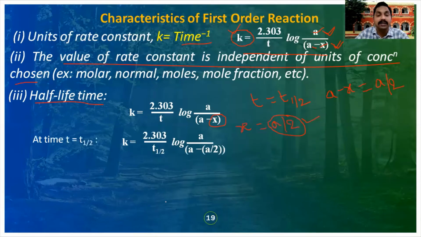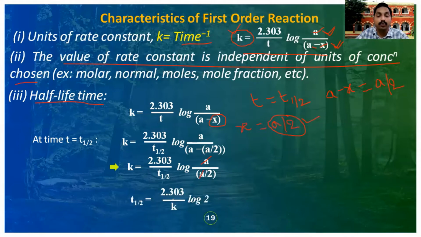Thus, K is equal to 2.303 by t half log a by a minus a by 2. So a minus a by 2 is equal to a by 2. That implies K is equal to 2.303 by t half log a by a by 2. Now a and a cancel. This 2 will go to the numerator. Thus K is equal to 2.303 by t half log 2.